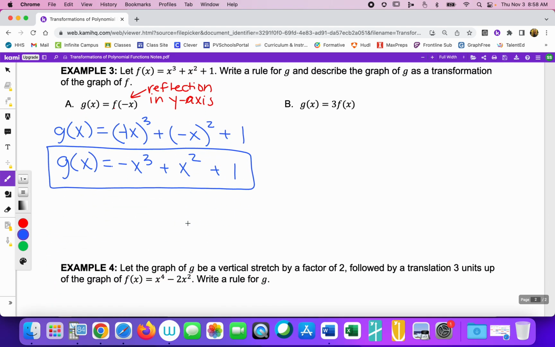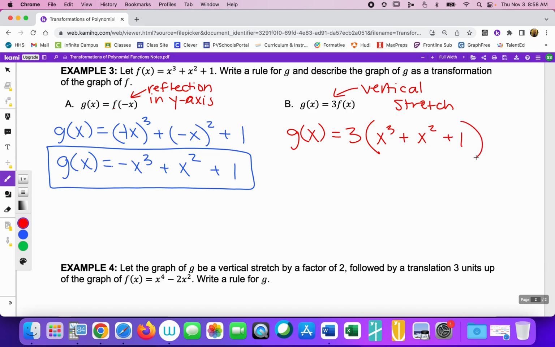It's going to make it larger. So this 3 is a vertical stretch. If you want to be specific, you say by a factor of 3. So that means we're going to multiply the entire function of f by 3. Three times the f function.